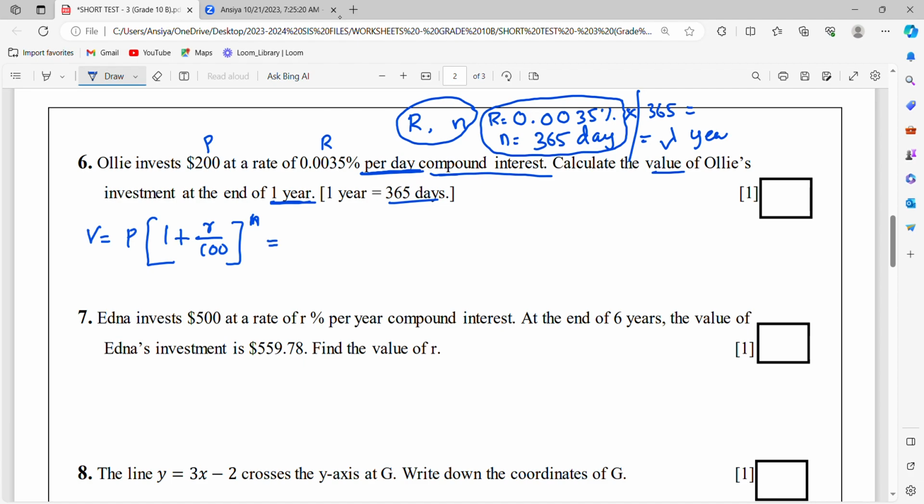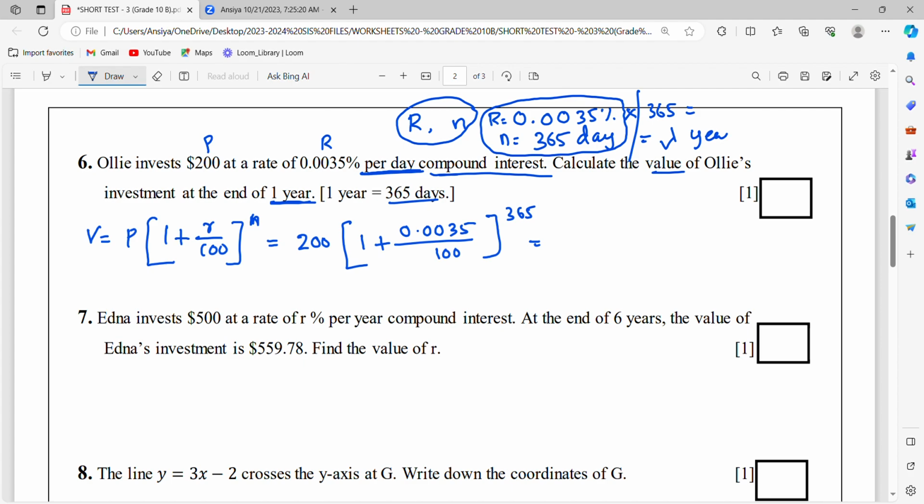So P times (1 plus 0.0035 over 100) power 365. As I said, the rate is given in days, so the time period also should be in the same unit. Now we just need to use the calculator. So please try, everyone.